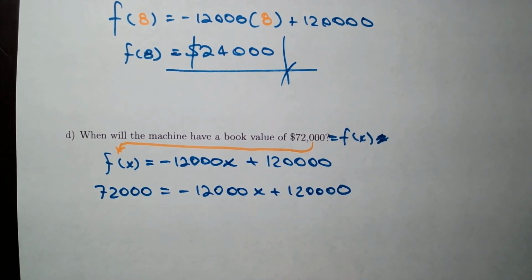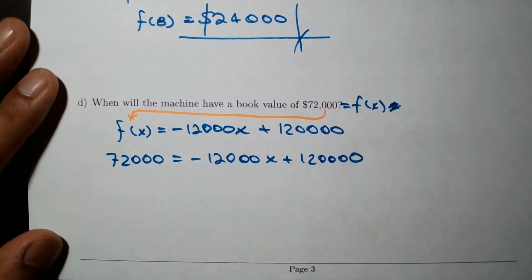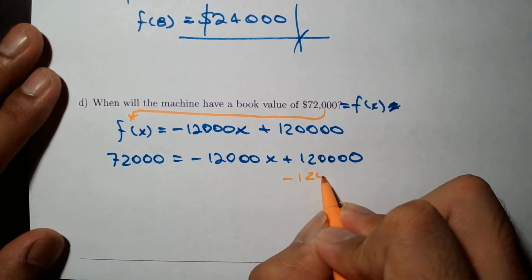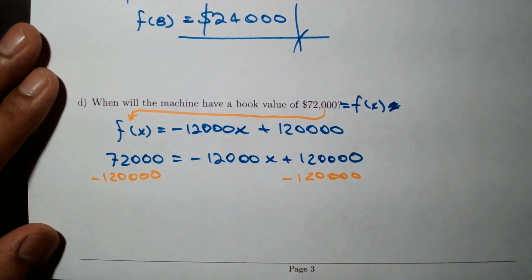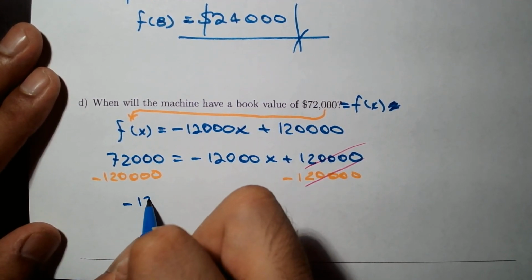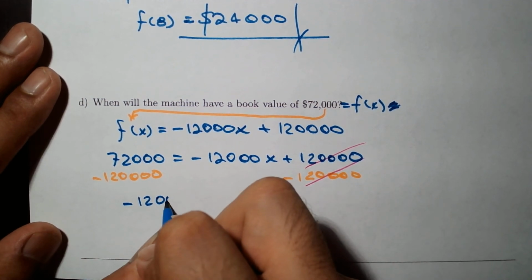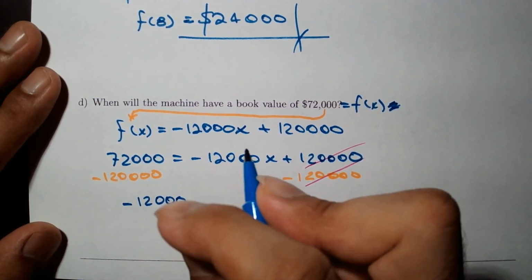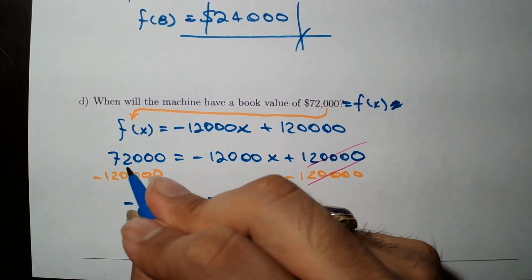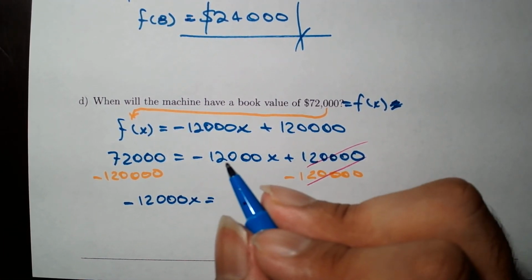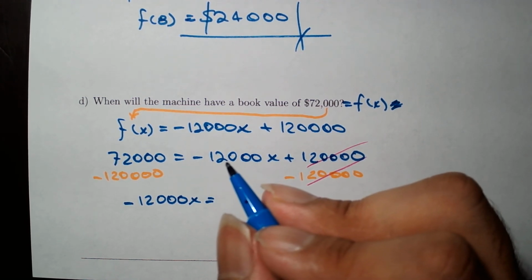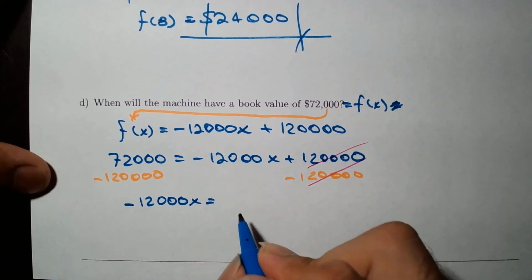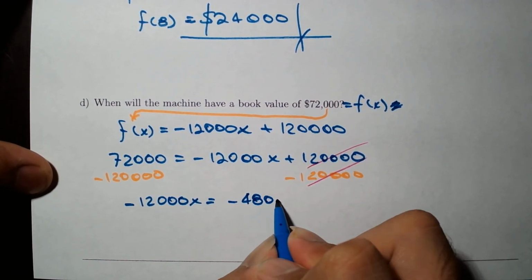and solve this equation. So I'm gonna subtract 120,000, and I'm going to get negative 12,000 x equals, let's see, what do we get when subtracting these two numbers? 72,000 minus 120,000, and I get negative 48,000.